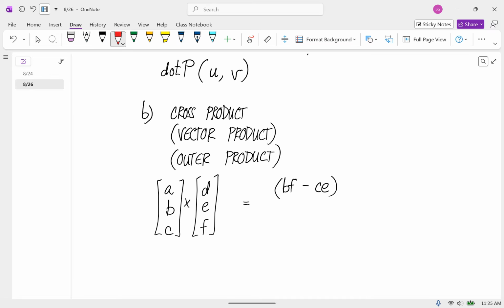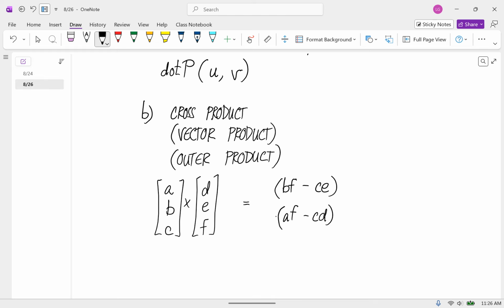Then for the Y component, we're going to cross out these. And we're going to do this times this minus this times this. So I'm going to write this in parentheses again. This is AF minus CD. And then dealing with vectors and matrices, you'll sort of get used to this thing where the Y component is always a little bit different from the other ones.